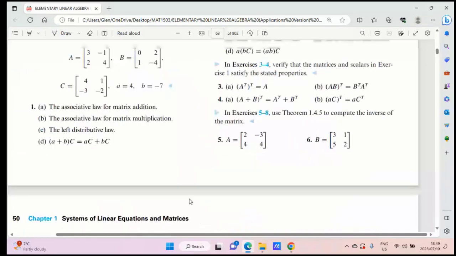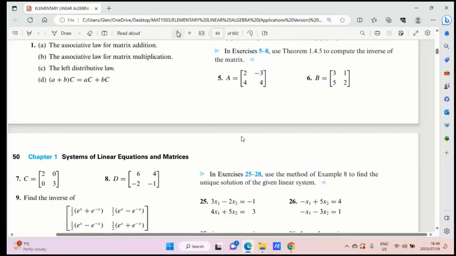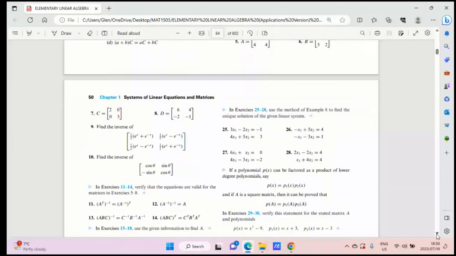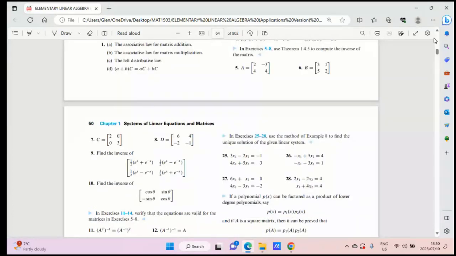Matrix A is this one in number 5. Now, should I minimize this? Yes. We are now working on number 12. Sir, I think it will be better if you just copy the matrices from 5 to 8 and then zoom onto the question.